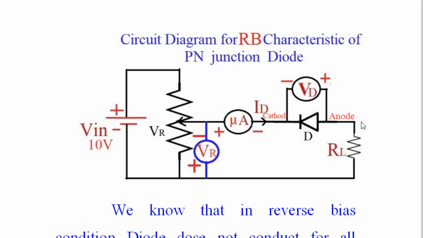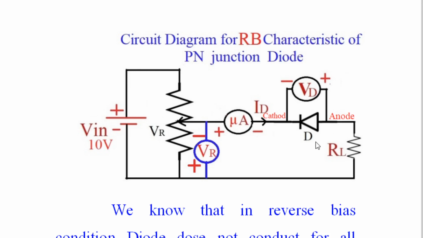Therefore the anode of the diode gets connected to the negative of the battery through resistor RL, and the cathode of the diode gets directly connected through the current meter to the variable terminal, and the variable terminal is going to the positive of the battery. Therefore in short, the cathode is connected to the positive of the battery, and that's why this PN junction diode is reverse biased.